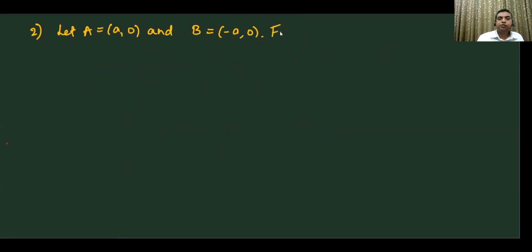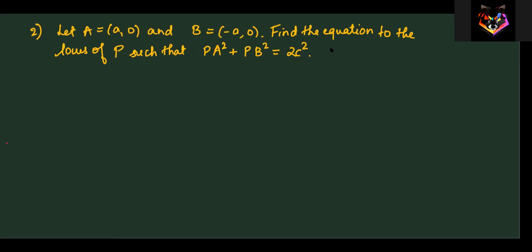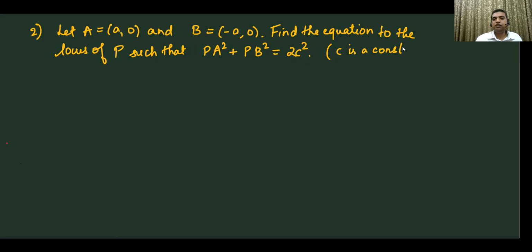Find the equation to the locus of a point P such that PA square plus PB square is equal to 2c square. So what is c square? c is some constant.